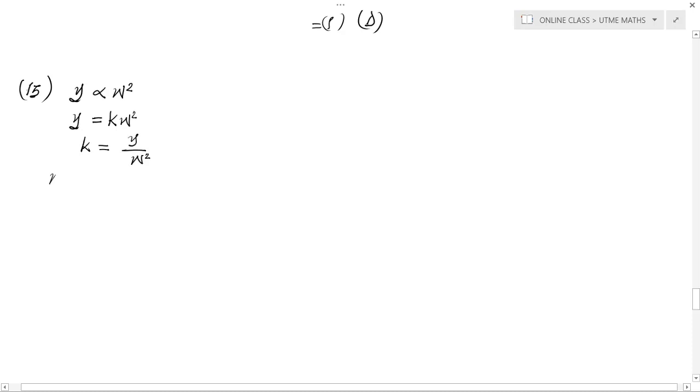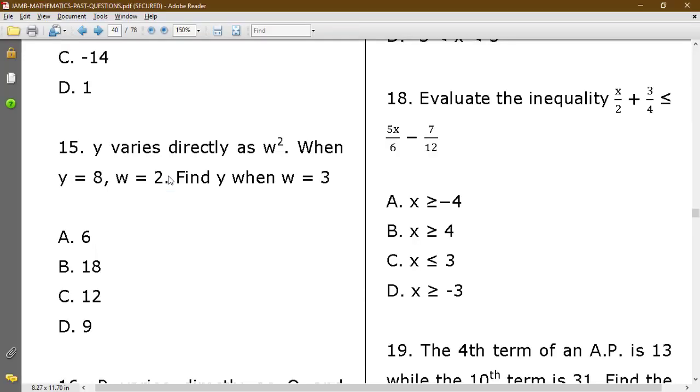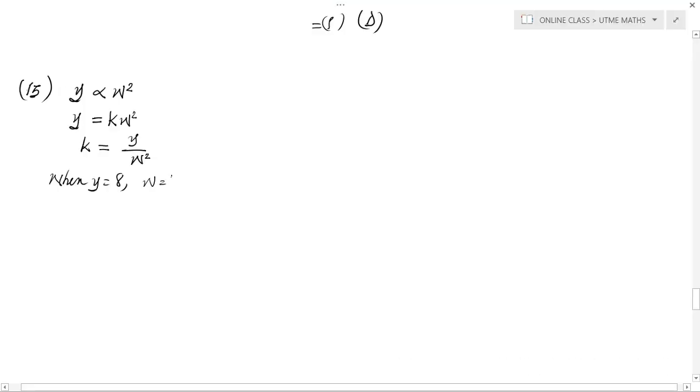Now they said when y equals 8, w equals 2. So then the second case, when y is unknown, w equals 3. So we have to find y. In this case, don't bother yourself. Just use it as if you have y1, w1.